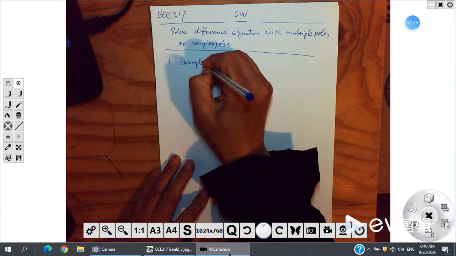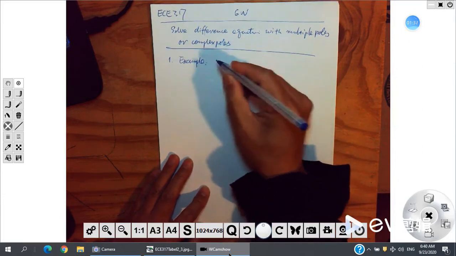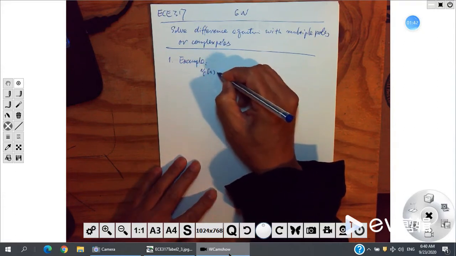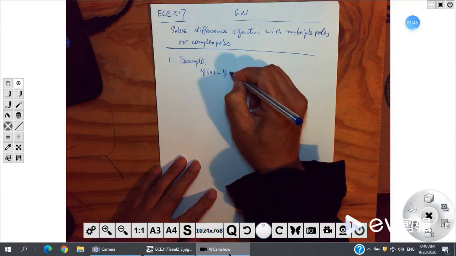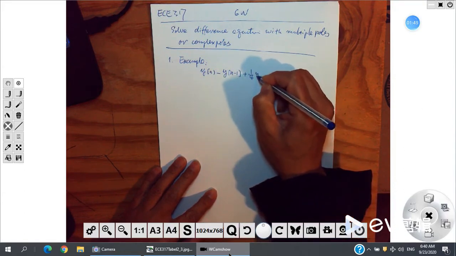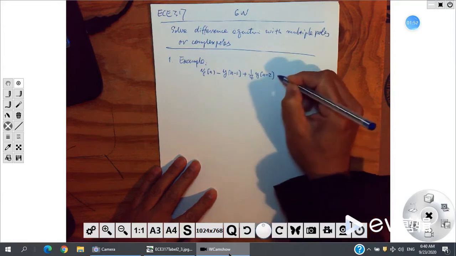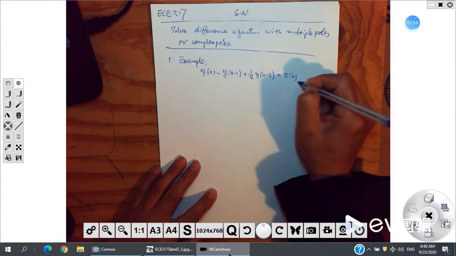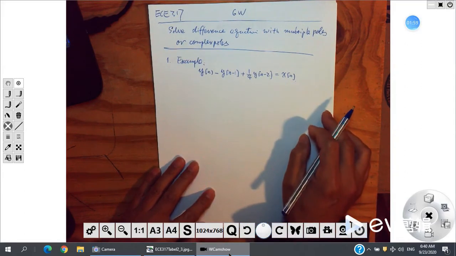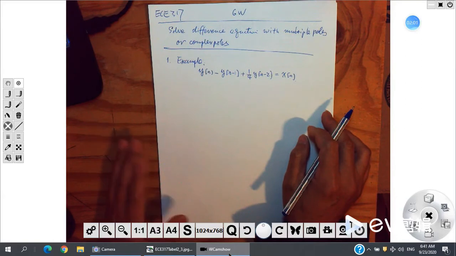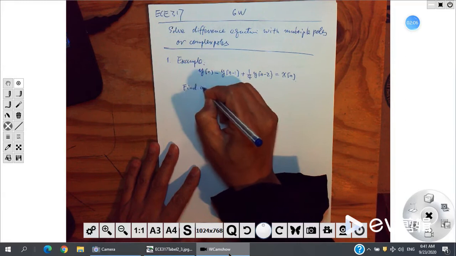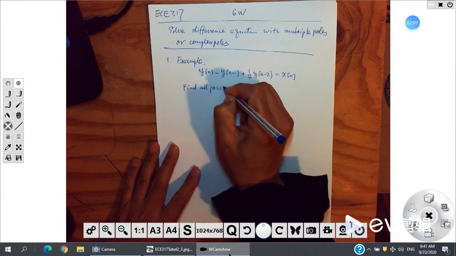Example. We consider a system with equation y of n minus y of n minus 1 plus 1/4 y of n minus 2 equal to x of n. Suppose the system has an equation that looks like this, and we want to find all possible solutions.